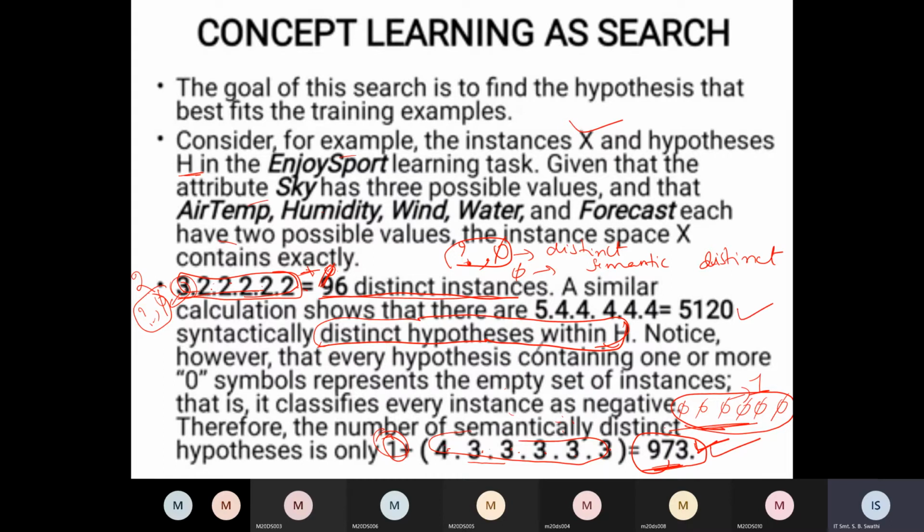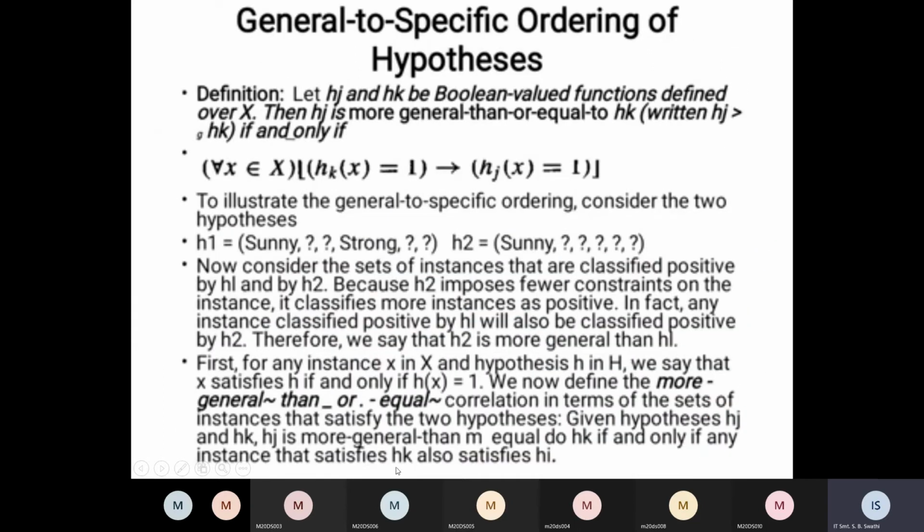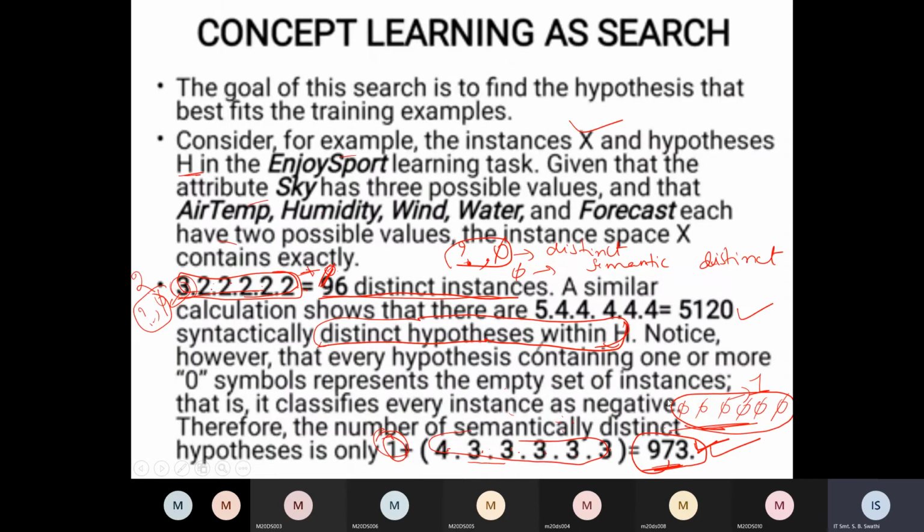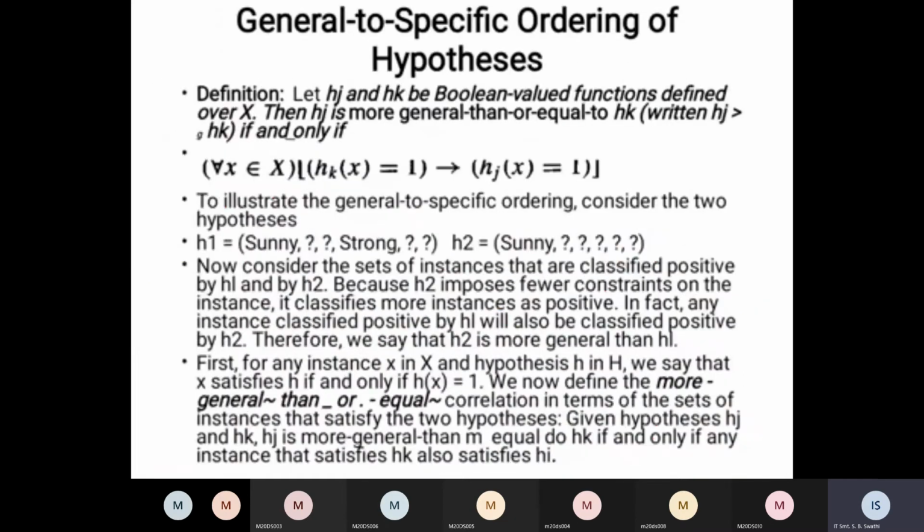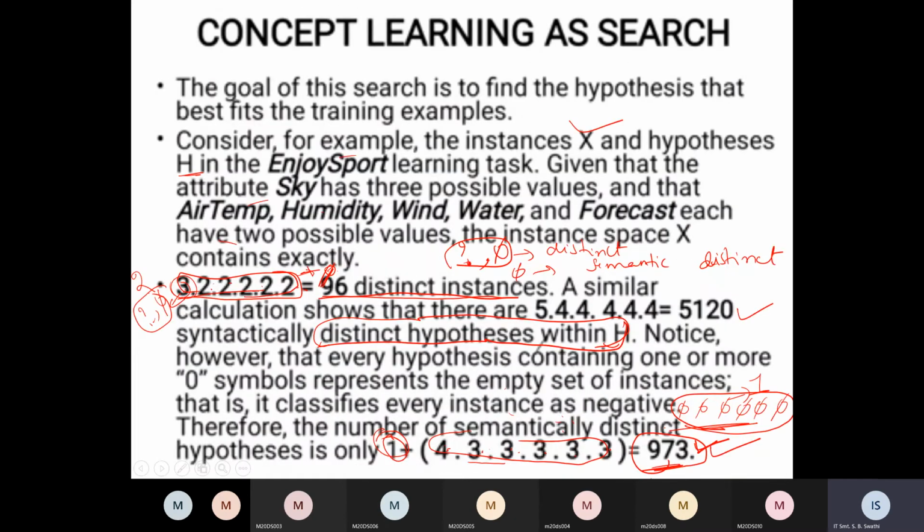You can see here the training data is a very large amount. Compared to 96, training data is high here, 5120 and 973. You can convert the hypothesis to this form just to increase our training data. Is this clear now, these calculations?